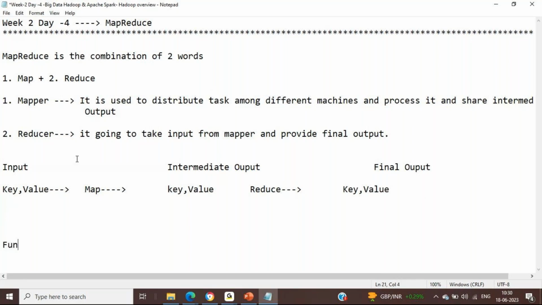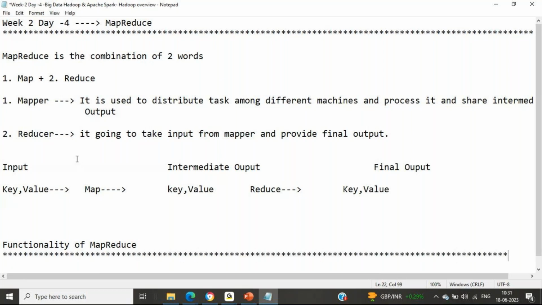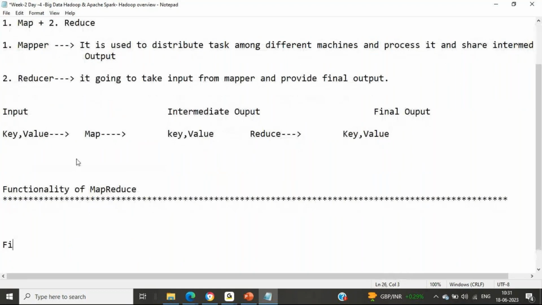Now, what is the functionality of MapReduce? Suppose we are having a particular file, and the size of this file is 550 MB. Then it is given to a particular component called input split.